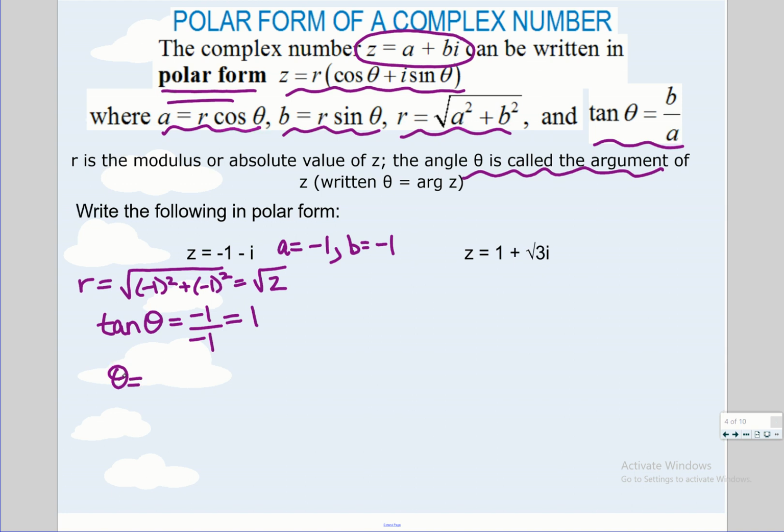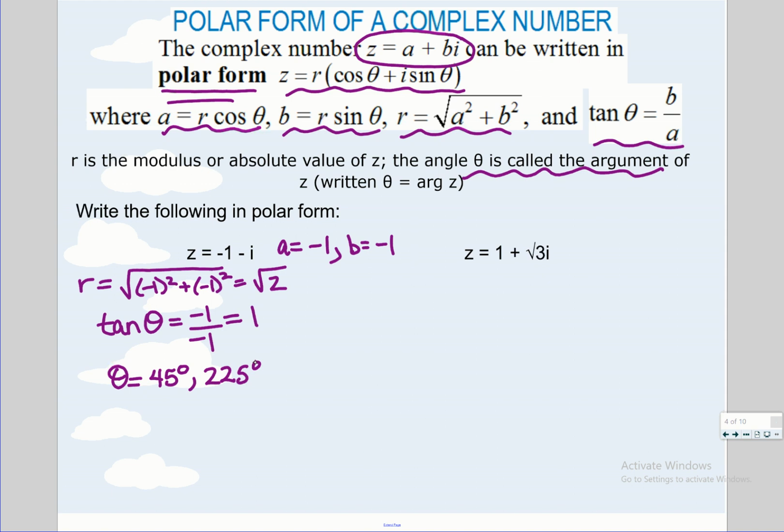Can you give me 2 places on my unit circle where tangent is equal to 1 in degrees? 45 and 225. And just like our polar points, one of these is right and one of them is wrong. If you graphed the complex number -1 minus i, like we did on that first page, what quadrant would that be in?